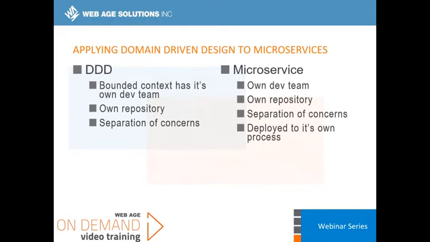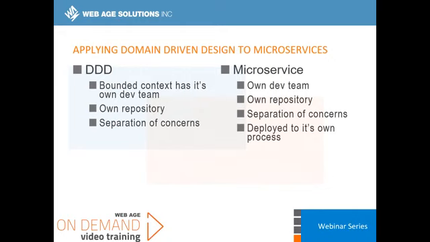So, what does that mean to microservices? Why is there such a strong relationship between the approach, the software development style of DDD, and this somewhat new phenomenon called microservices? Well, we talked about some of the ways that DDD and microservices are related.